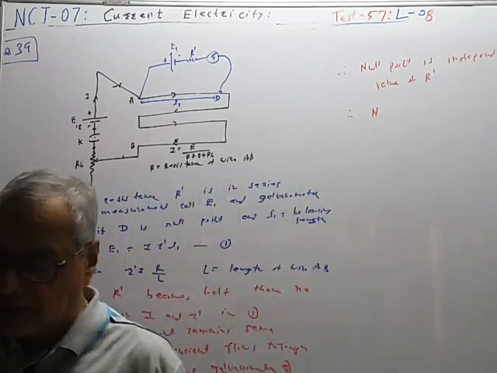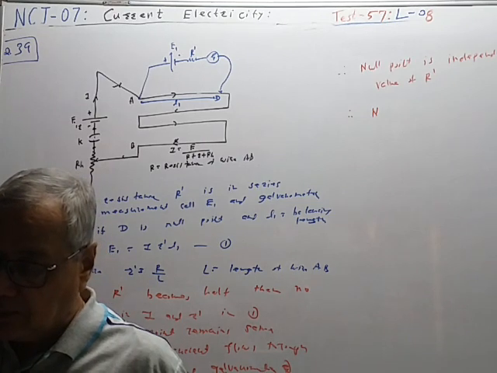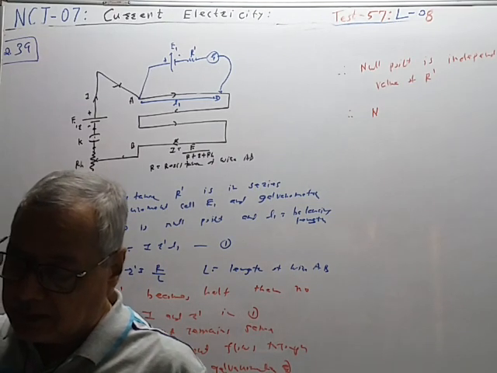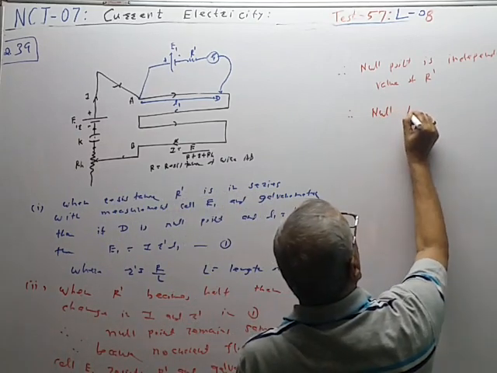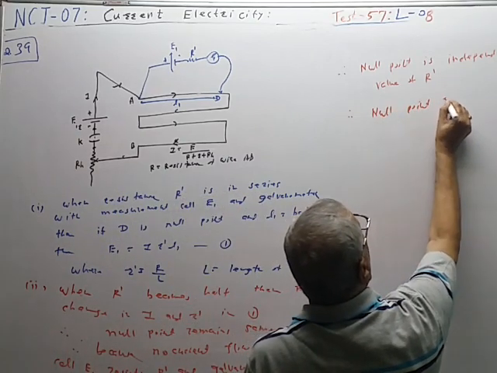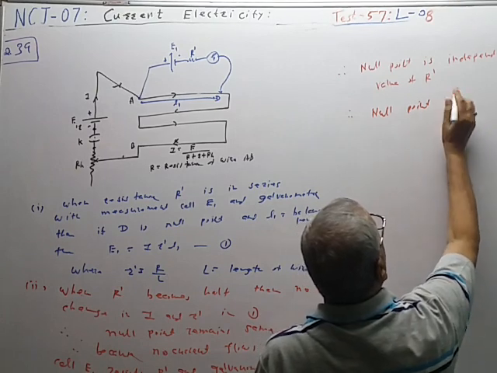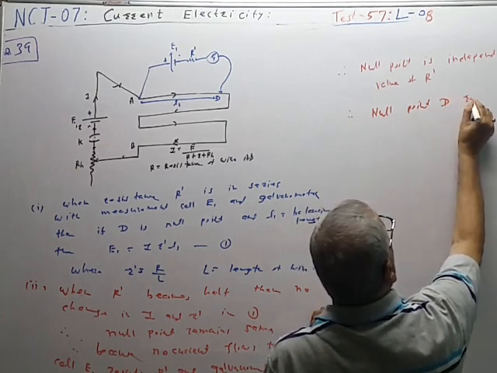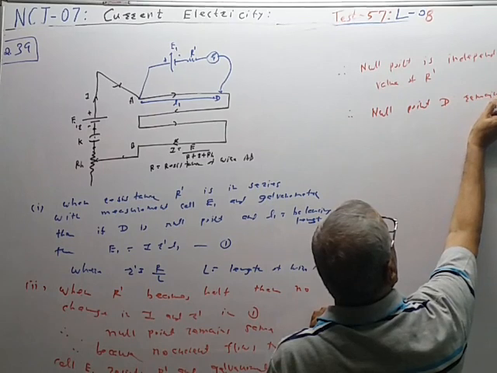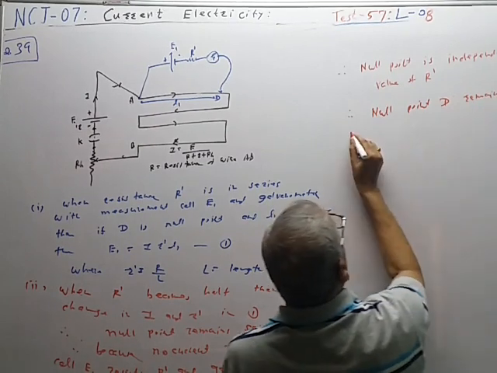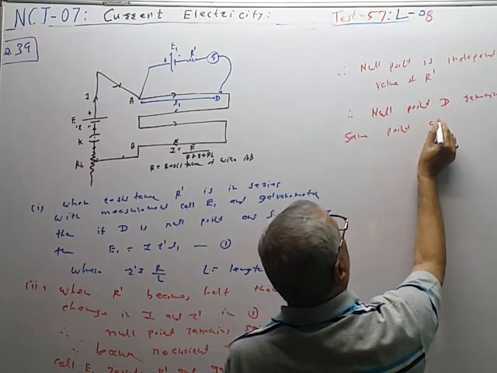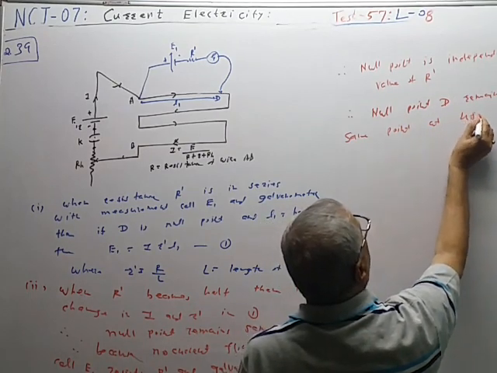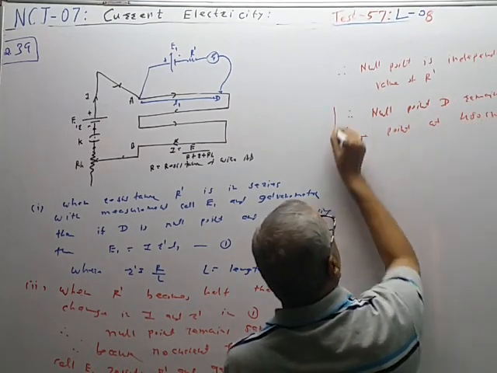And therefore, what is our question? If the series resistance is reduced to half, then the null point will be. So, null point D remains at same point at 480 centimeter.